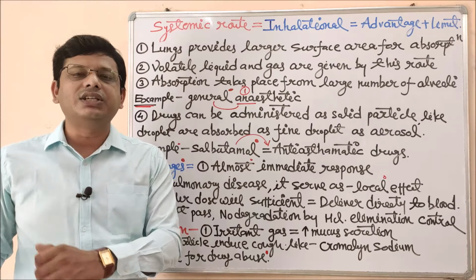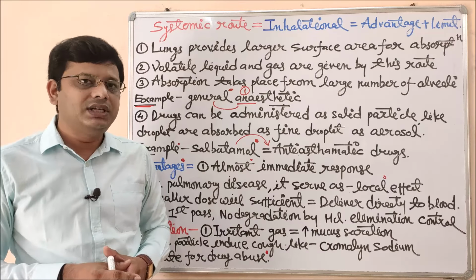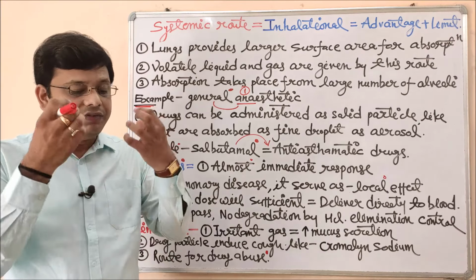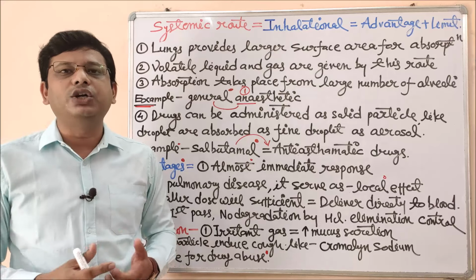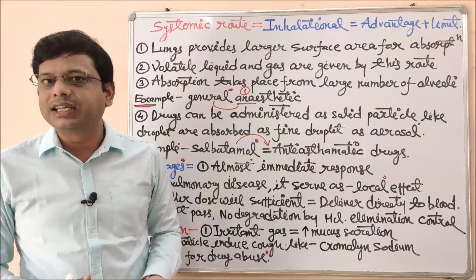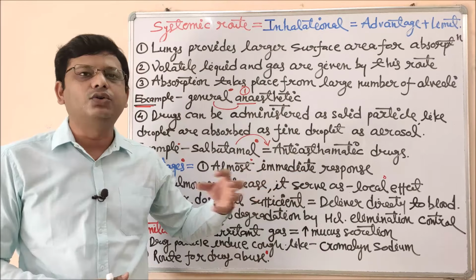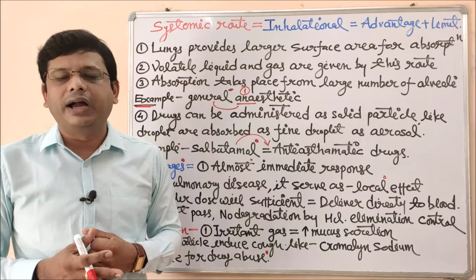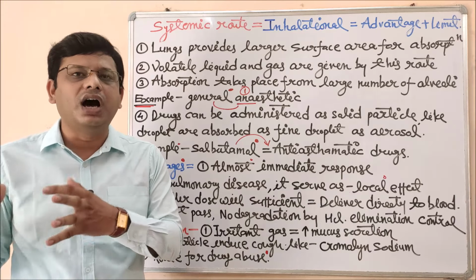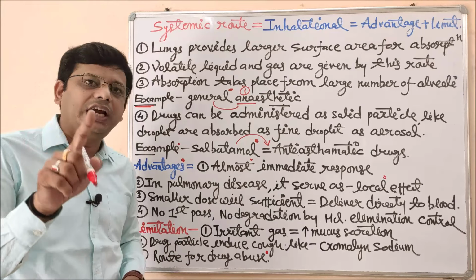There is a lot of research going on, where scientists are trying to develop a route of drug administration that will deliver the particular drug directly to the affected part, unlike the oral route, which takes some time. It will be beneficial if we can deliver the drug directly to the lungs, where microorganisms like Mycobacterium tuberculosis are developing. That will be very beneficial for that condition and for that patient too.